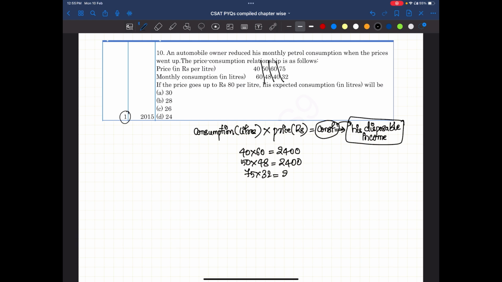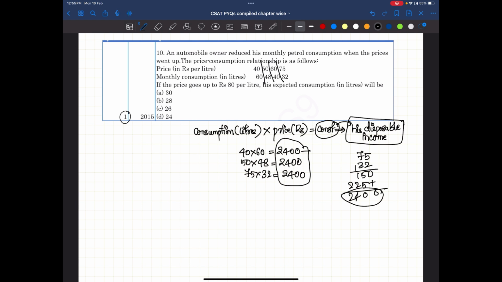See, this will also come 2400. I'll show you. Right? 2 into 75, 150. 75 into 3, 225. See, this is always constant because this is his budget. This is the amount which he has in his pocket.